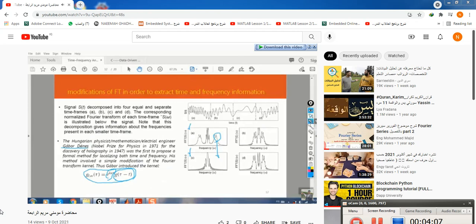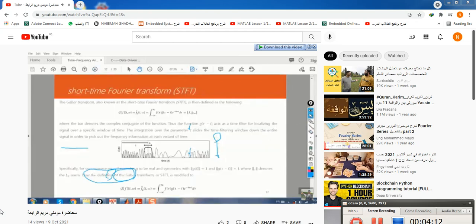And it is the modified Fourier transform. The Gabor transform, also known as short-time Fourier transform. Short-time Fourier transform, you see here. Okay.